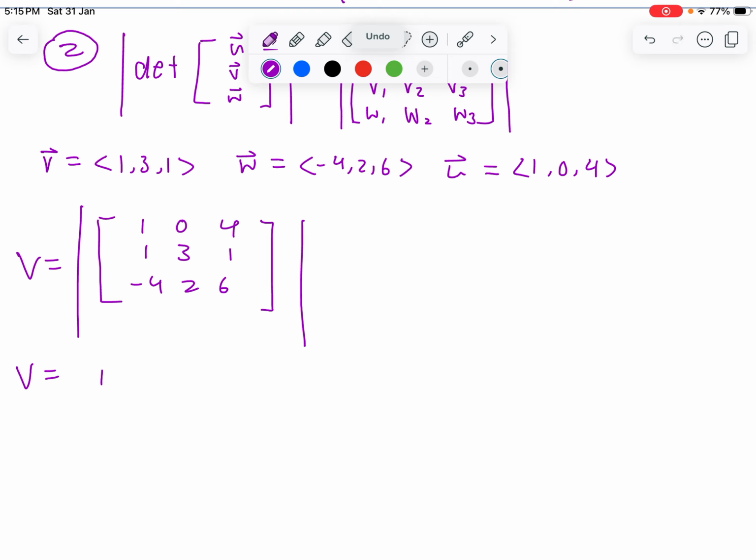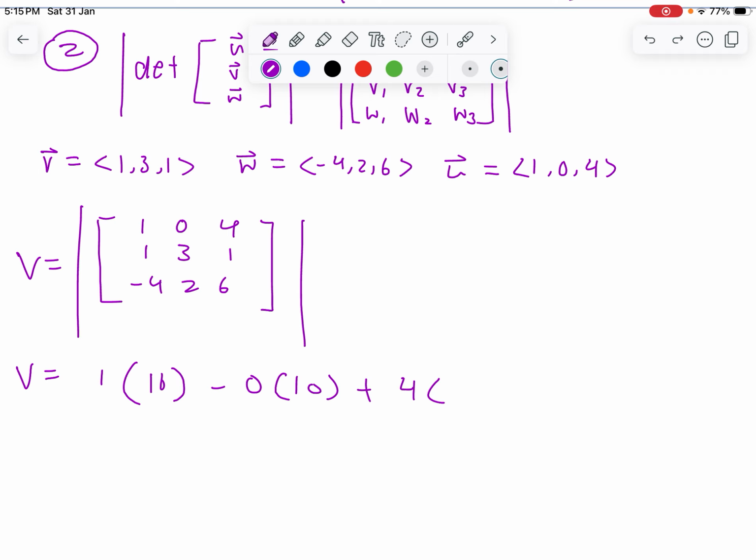So first with 1, we multiply the 3 times 6 minus 2, which is 18 minus 2, which is 16. Then we minus 0 times, well, it doesn't matter what we do in there, but let's just calculate anyway. We have 0 times 6 minus -4, so that's just 10. Oops, 10. And then plus 4 times 2 times 1 minus 3 times negative 4.